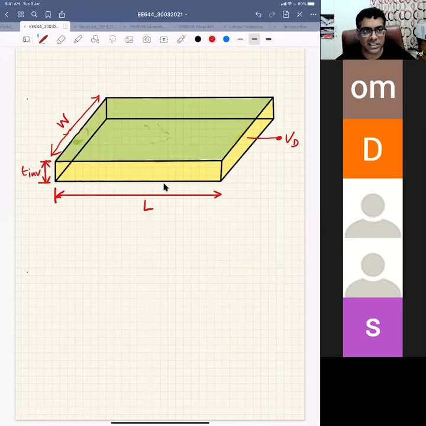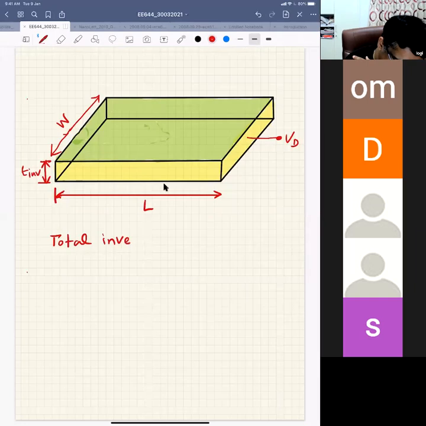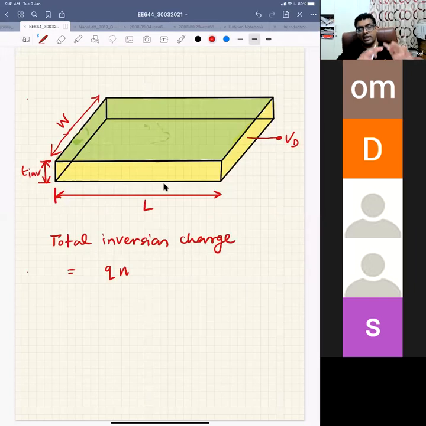The inversion layer has a thickness of T inversion, and width W and length L. So if I take the total inversion charge, it will be Q times N, because all are electrons here, times W times L times T inversion.